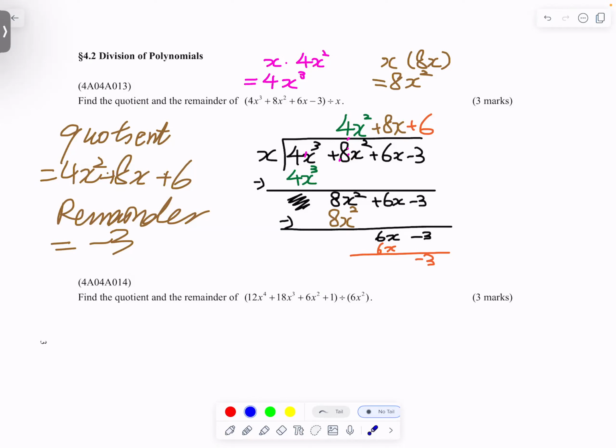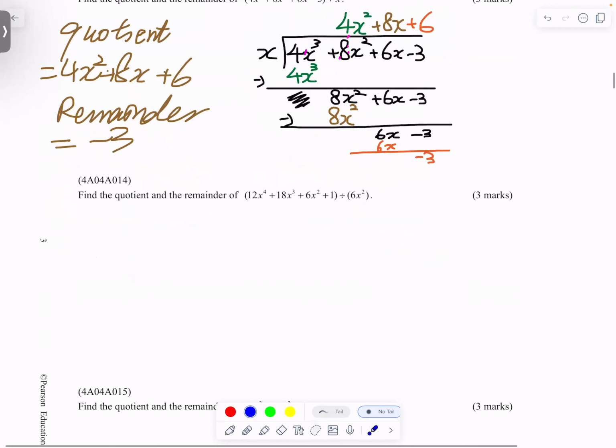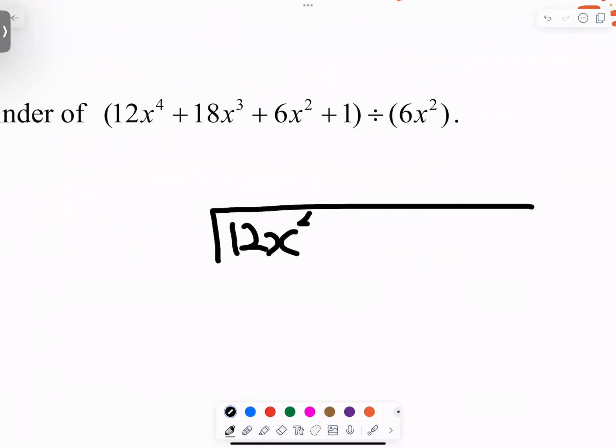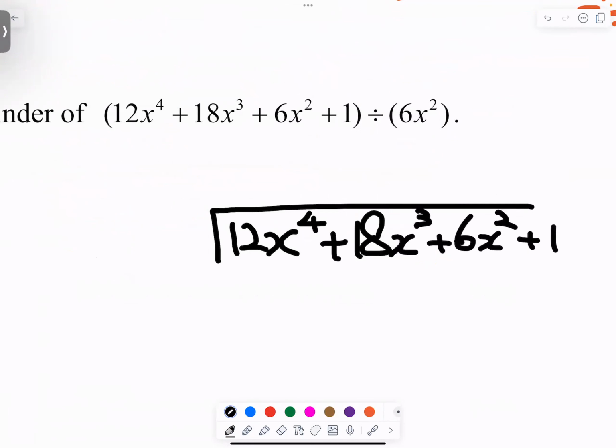Oh, so continue. Next one. We have this long thing first, so you do that. Is divided by 6x squared.